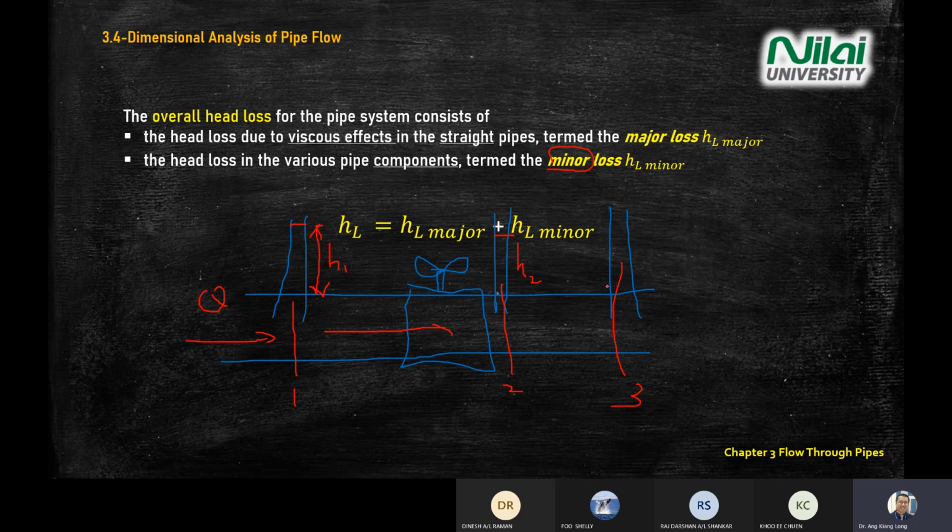And then after it reaches a certain distance, it will further drop down to H3. So you can see the height of the water is dropping. We are calculating the losses inside the pipe using the height of the water in the capillary here. I hope by this graphic you can get some idea what head loss is. Head loss is actually calculating the drop of the water, the drop of the pressure inside the pipe.